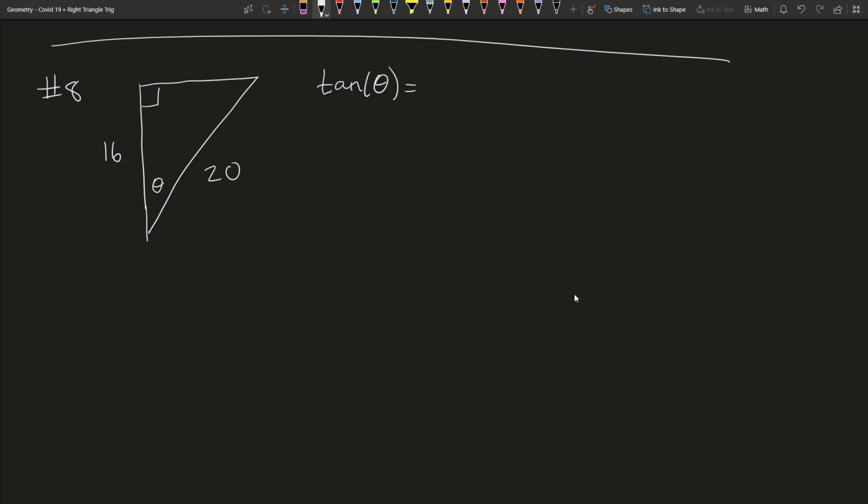All right, now from SOHCAHTOA, which I'll write over here, we know that tangent is opposite over adjacent.